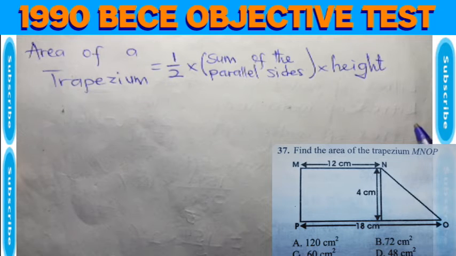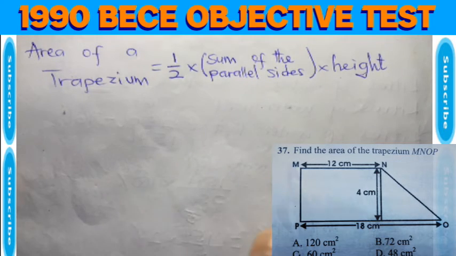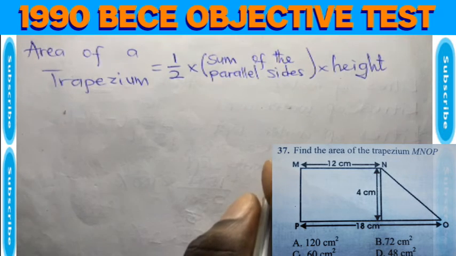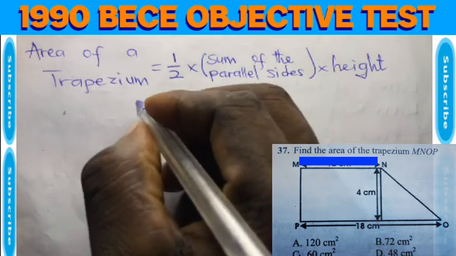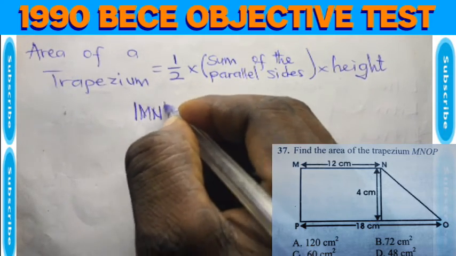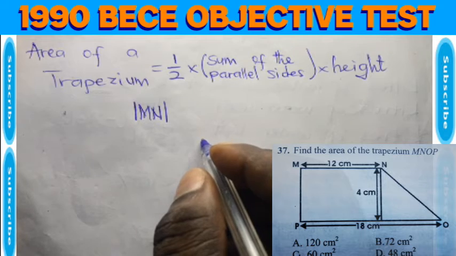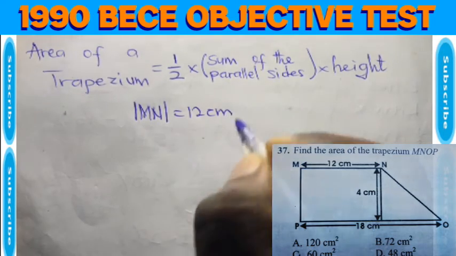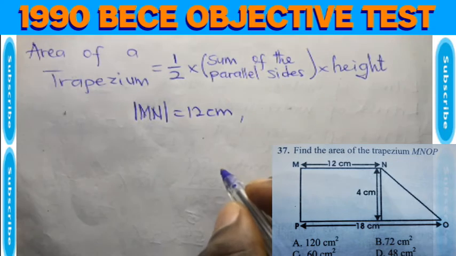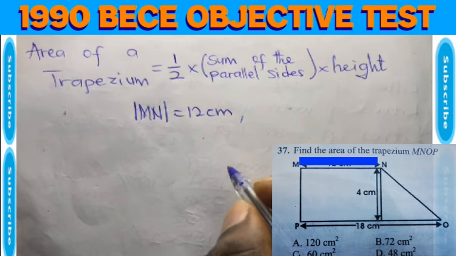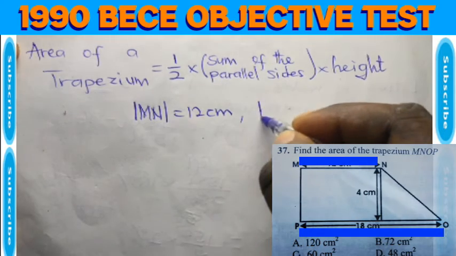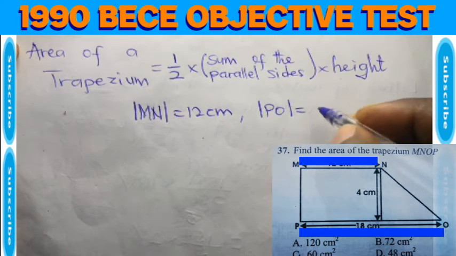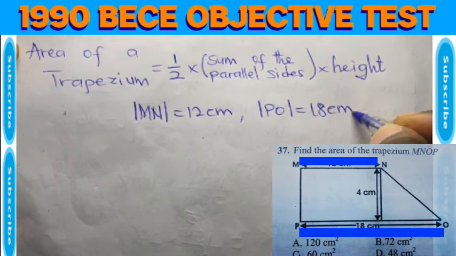And from the question displayed on the screen, we have the parallel sides. The parallel sides, that's the length of MN. The length of MN is 12 centimeters, and the other parallel side is PO, and the length of PO is 18 centimeters.